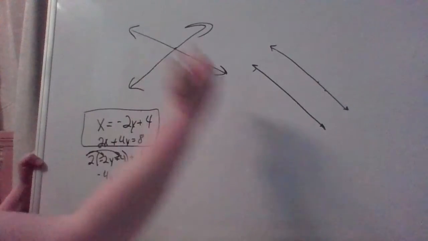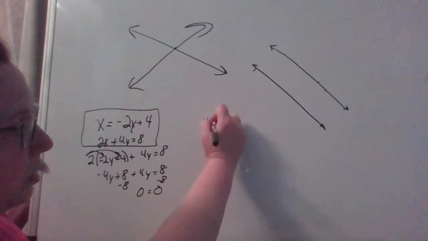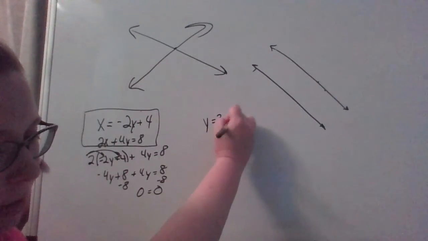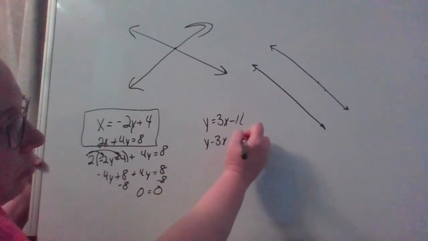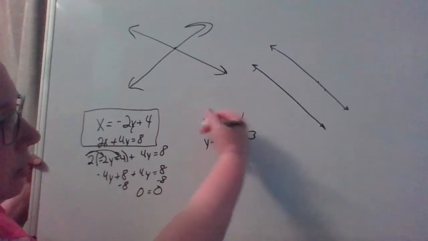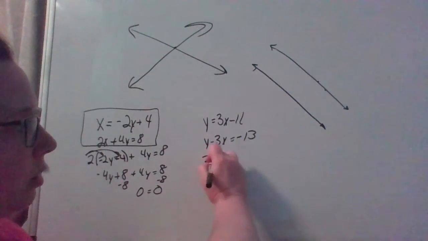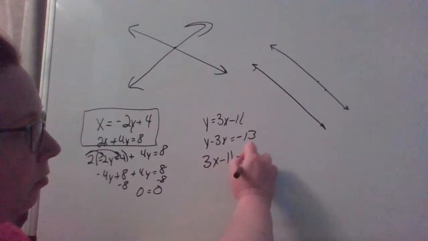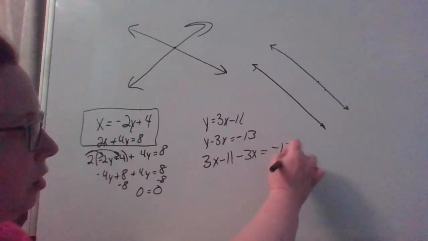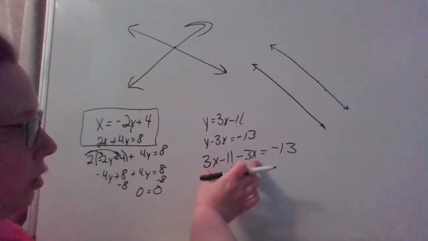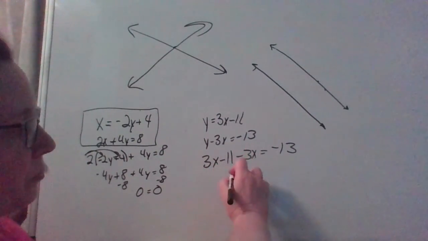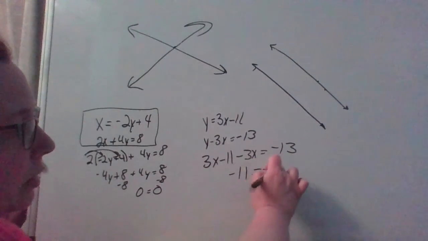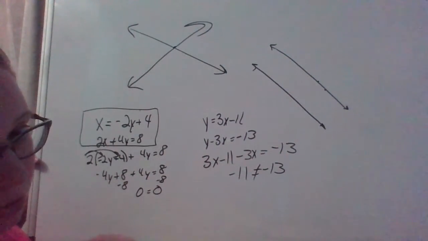If you look at the next one, next system they give us is y equals 3x minus 11 and y minus 3x equals negative 13. This is already solved for y, so we're going to plug that in for y. If we combine our like terms here, that is going to cancel out and get 0. So we have negative 11 equals negative 13. Well, that is not true.